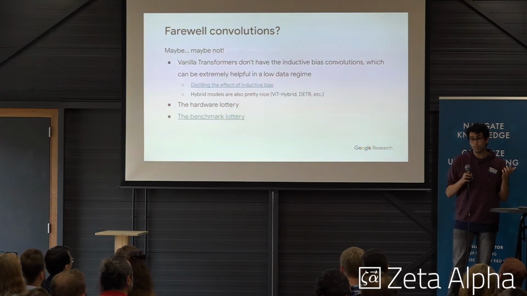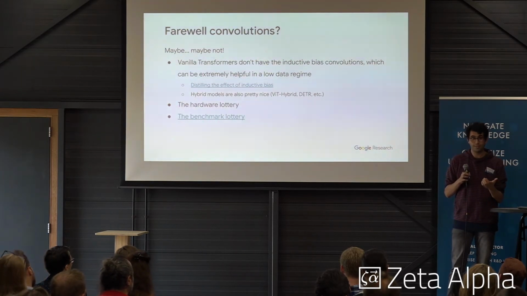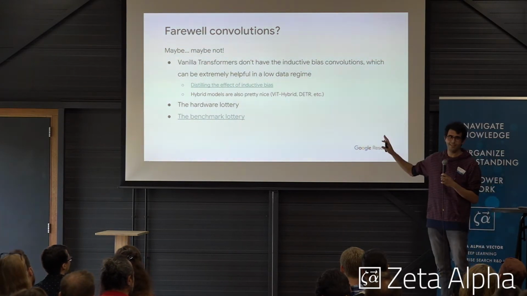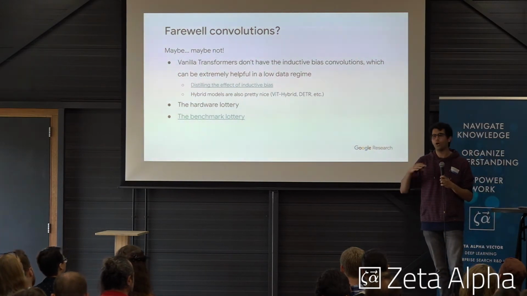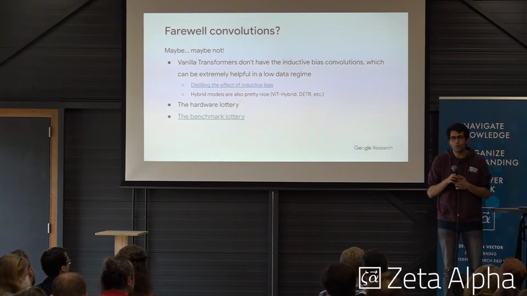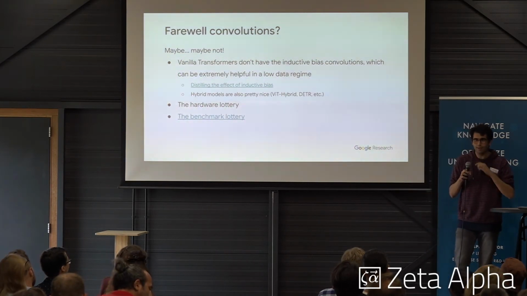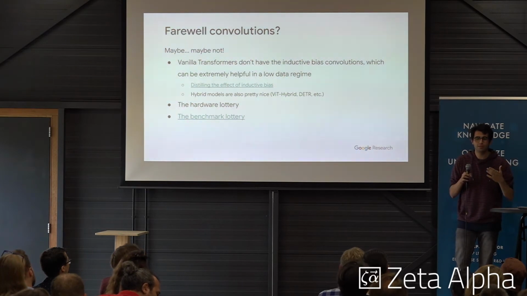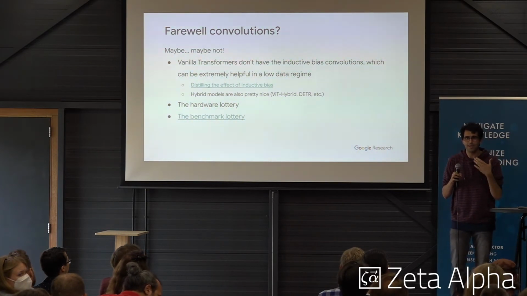And the point is that whether convolutions are going to stay around or not is also a little bit about these kinds of lotteries that we have in machine learning, right? Like the hardware lottery: you don't get to work on sparse computation simply because we don't have hardware that amazingly supports that.